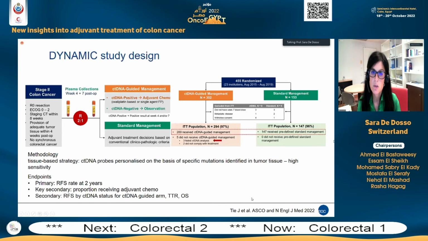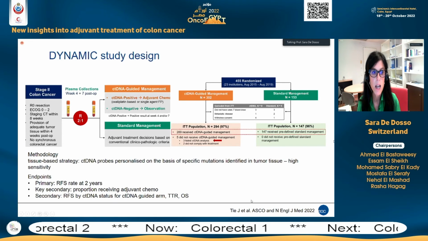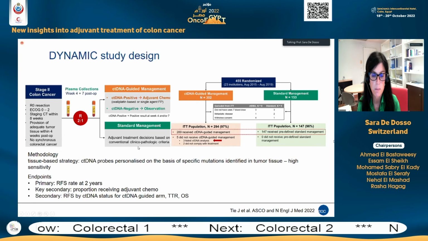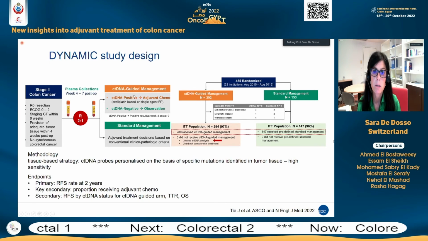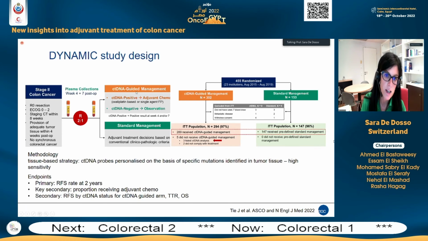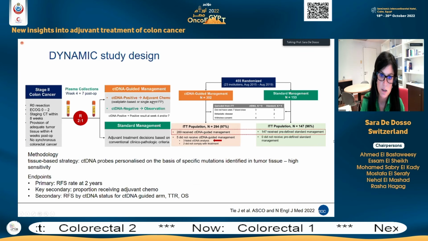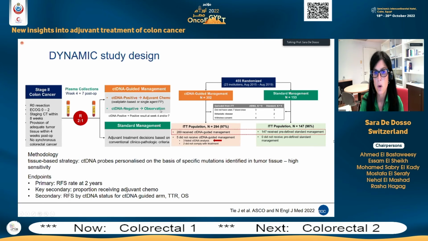This trial included patients with resected stage 2 colon cancer, and patients were randomized to standard management or ctDNA-guided management according to the ctDNA status. ctDNA positive patients were treated with adjuvant chemotherapy, and ctDNA negative patients were observed.